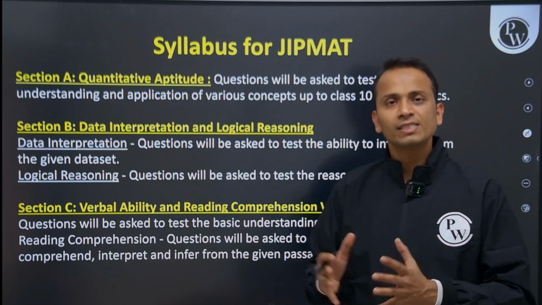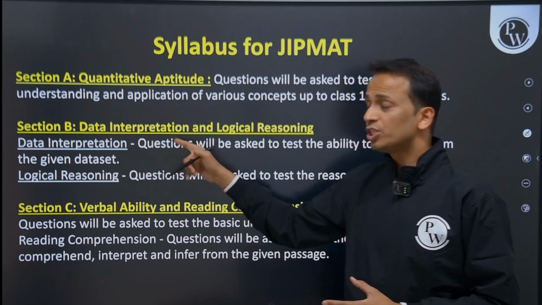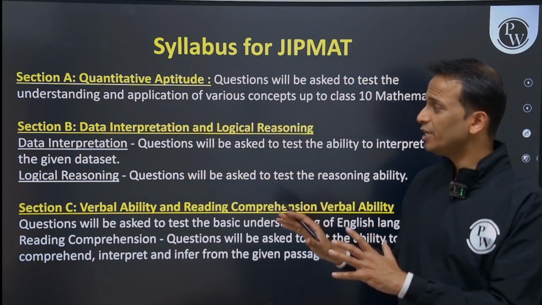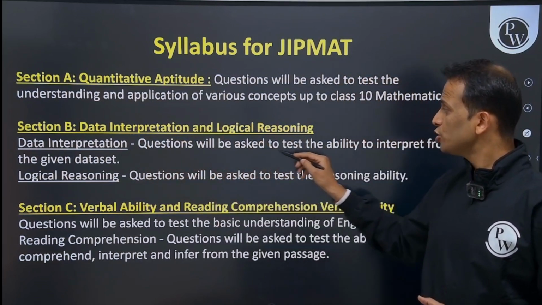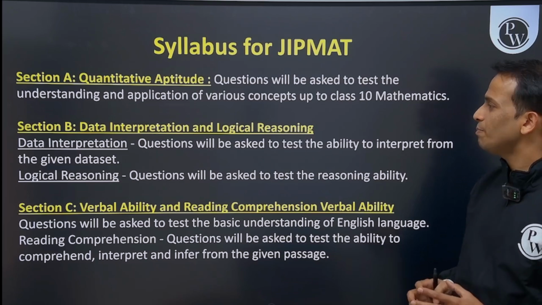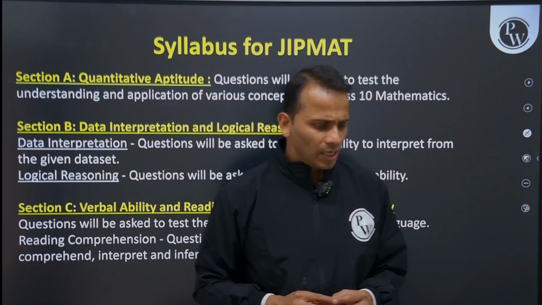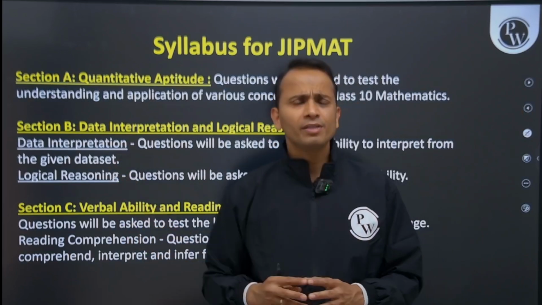Now moving on to the second section, section B, which is data interpretation and logical reasoning. As per their explanation, data interpretation questions will be asked to test the ability to interpret from the given data set. So I'll tell you a little in detail. What do they mean by data set?